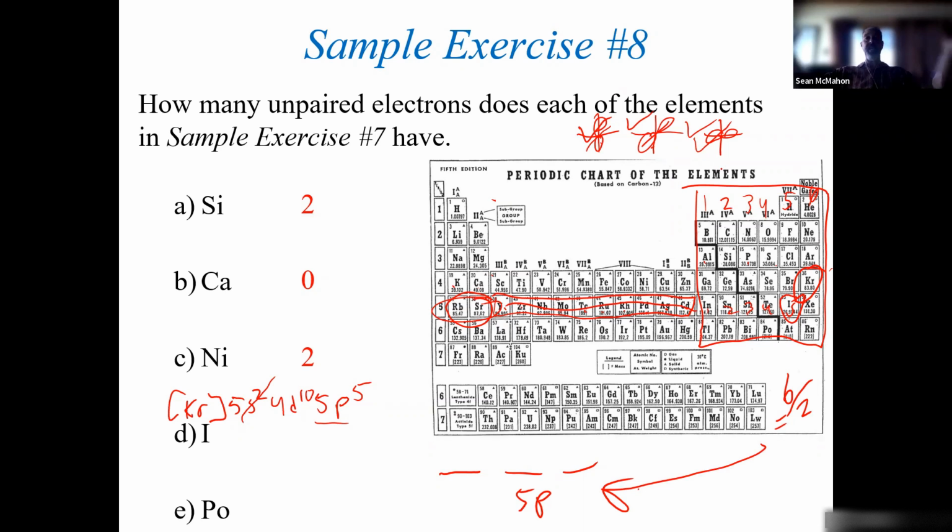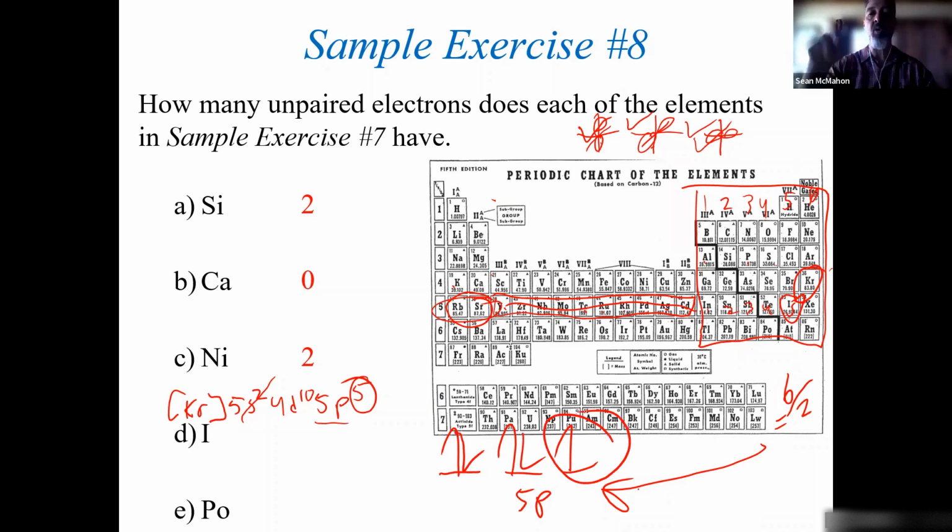And that sublevel only has 3 5p orbitals. I'm a 5p5, so I go 1, 2, 3. They're all half filled. 4, 5. There's only one unpaired electron. Okay.